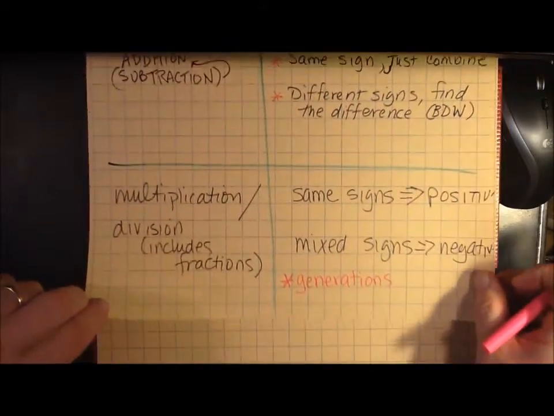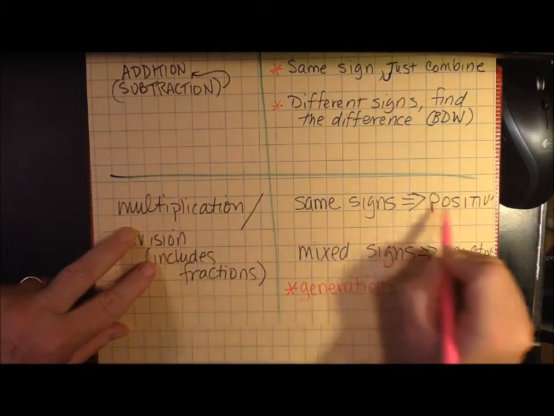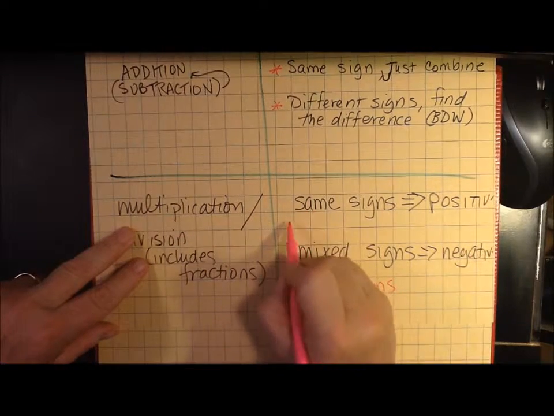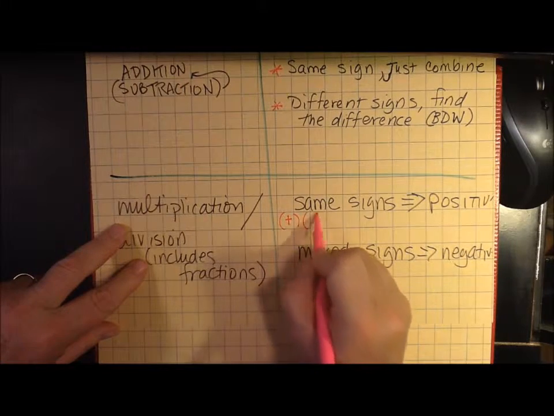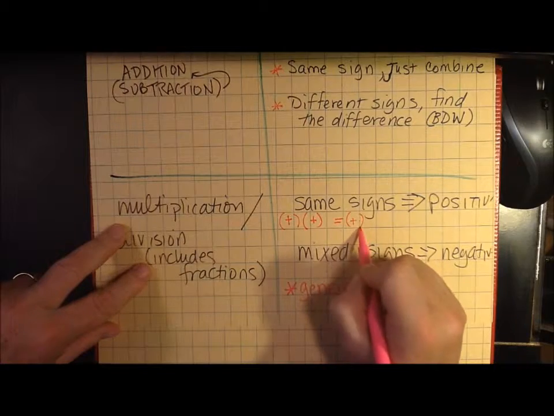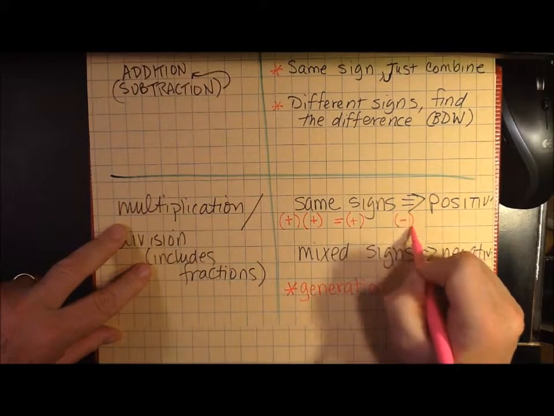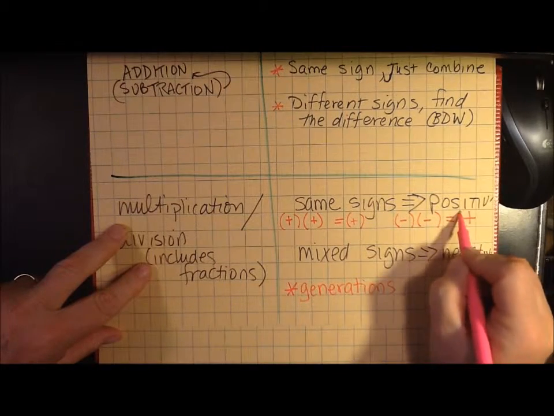Multiplication and division are a little bit different. With multiplication, if the signs are the same, the answer is positive. So that is if I have a positive number times a positive number, my answer will be positive. By the same idea, same signs, a negative number times a negative number will also give me a positive.